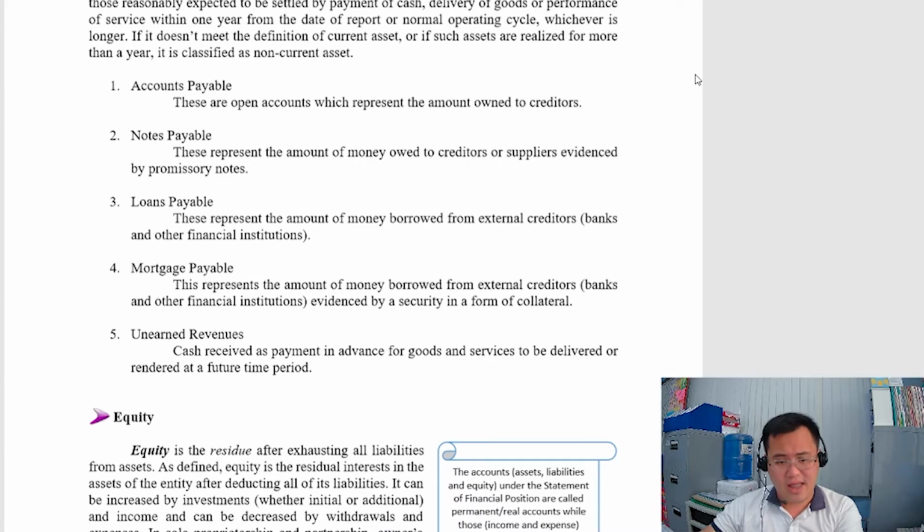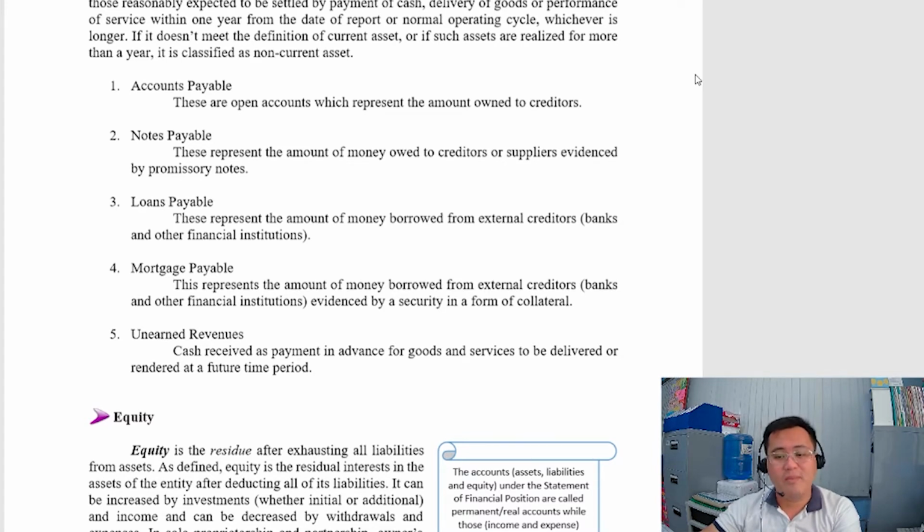Loans payable represent the amount of money borrowed from external creditors such as banks and other financial institutions. If we borrow a certain sum from the bank, that's considered loans payable because we owe a certain sum of money to the bank.